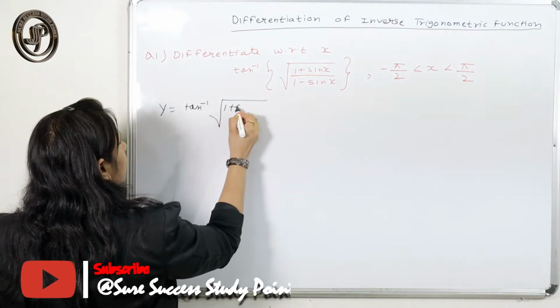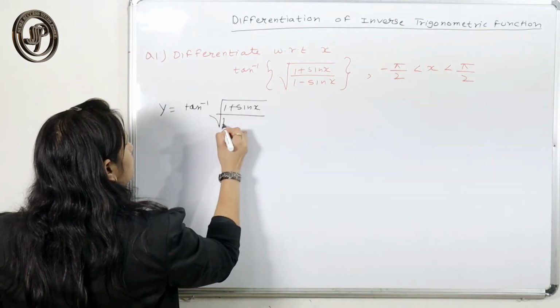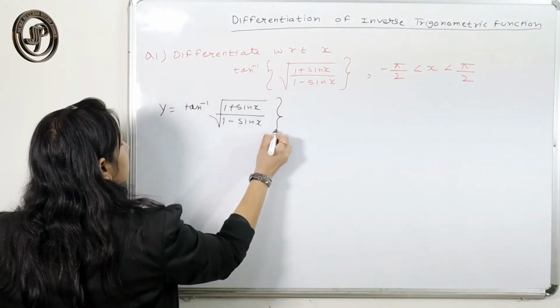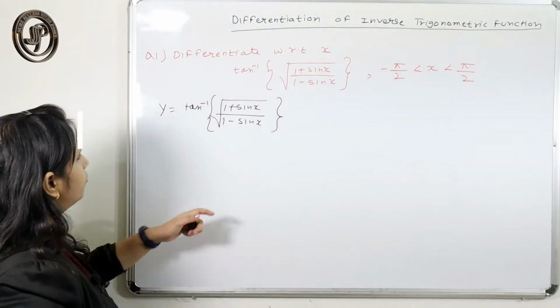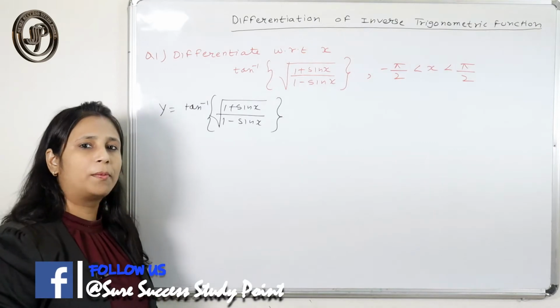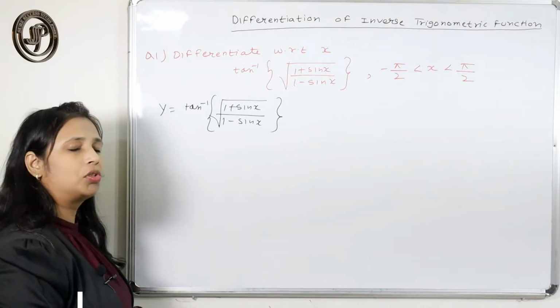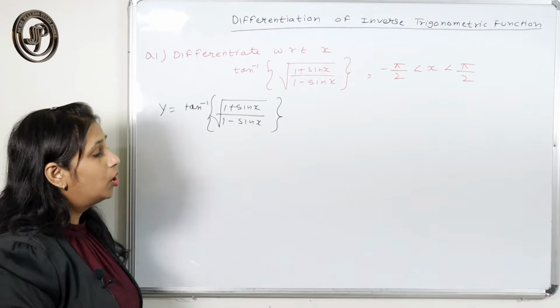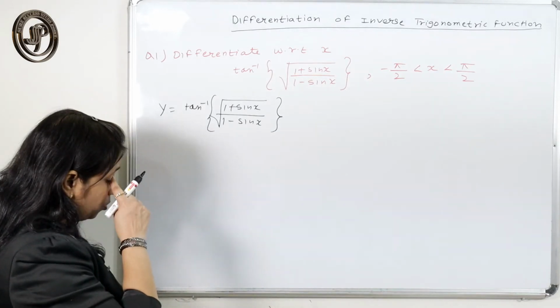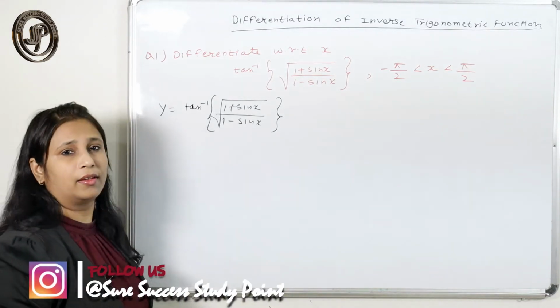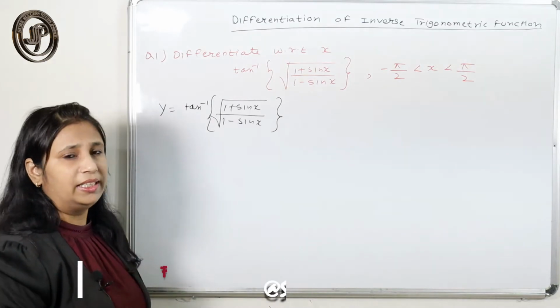In the last class, I had given you the formulas of 1 plus sine theta, 1 minus sine theta, or 1 plus cos theta, 1 minus cos theta. If you apply those formulas directly here, then the question becomes easier.